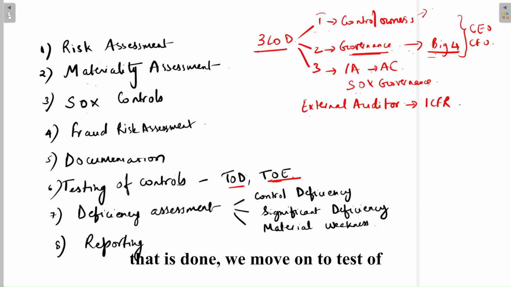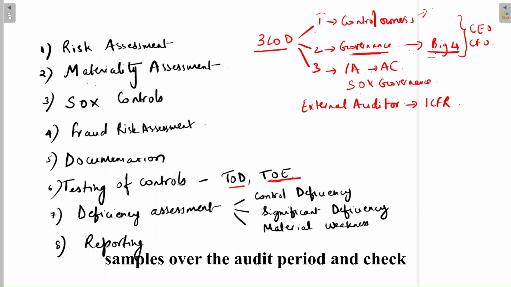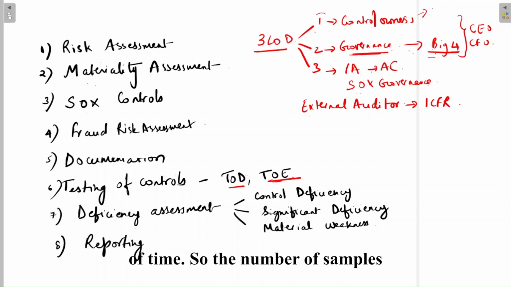Once that is done, we move on to test of operating effectiveness. What is that? Here we do sample testing. We pick samples over the audit period and check whether the control has been consistently performed as intended over a period of time. The number of samples selected varies based on the type of the control, whether it is manual or automated, and also depends on the frequency of the control.